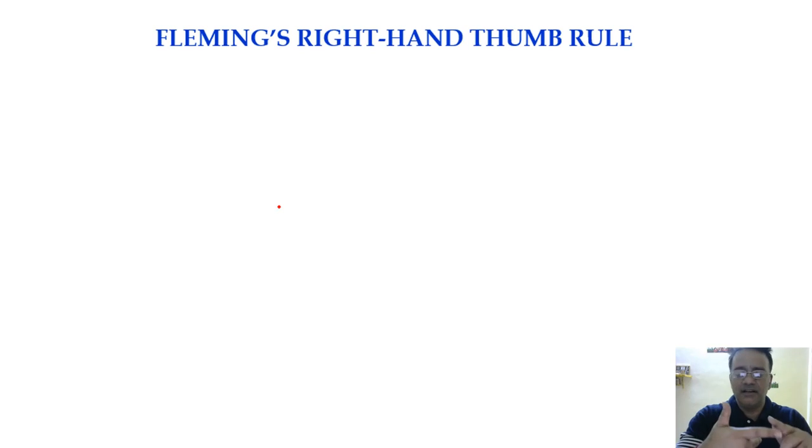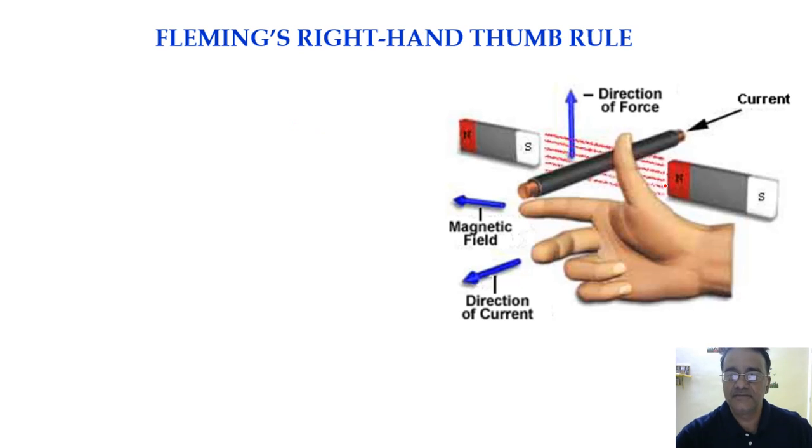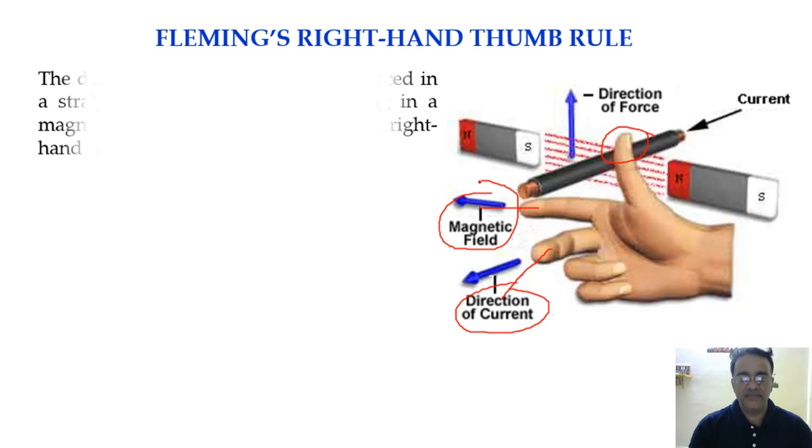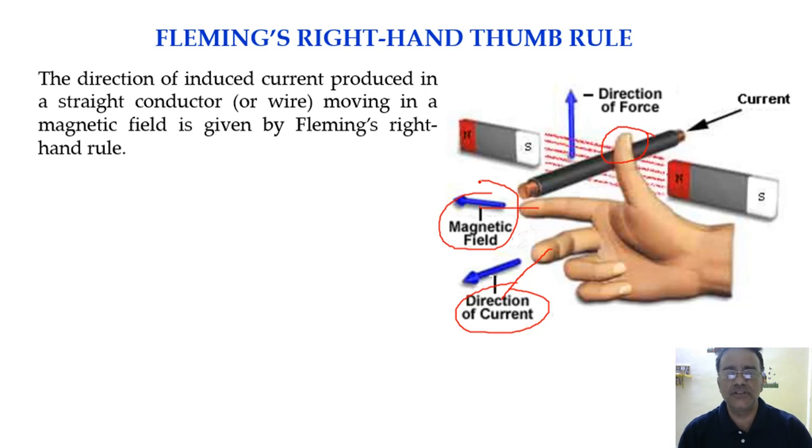The directions are: the forefinger is for magnetic field, the center finger is for current, and the thumb is for force. So the direction of induced current produced in a straight conductor moving in a magnetic field is given by Fleming's right hand rule.